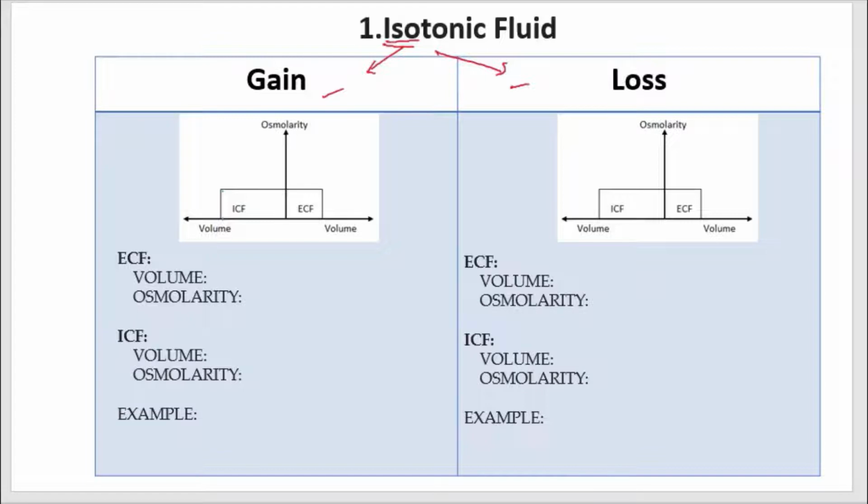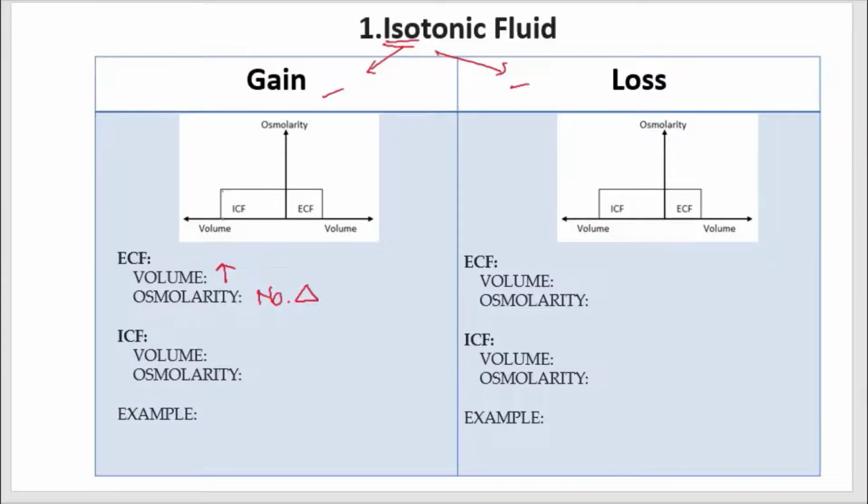When the isotonic solution comes inside the body, obviously the ECF volume is going to increase. And because this is an isotonic solution, the osmolarity of the ICF will have no change.